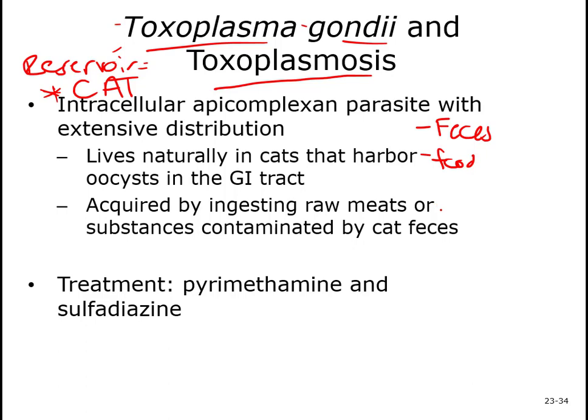Or if there's a cat outside, and there's an animal outside who's ingested the cat feces, now this animal, if it's a pig or a cow or whatever, has the disease, and then you eat the undercooked or raw meat that could have the cysts in it. So this is a very common disease. Like I said, almost all cat owners probably have been exposed to it.